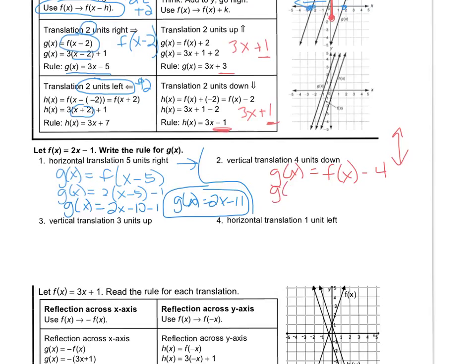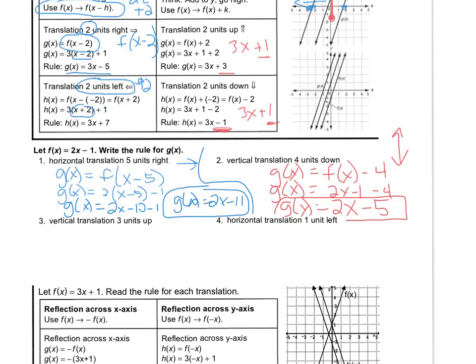So g of x is going to be 2x minus 1, and then our minus 4 will take care of the translating down. So now let's just combine like terms. So g of x is going to be 2x minus 5. Okay, and that is our final function.